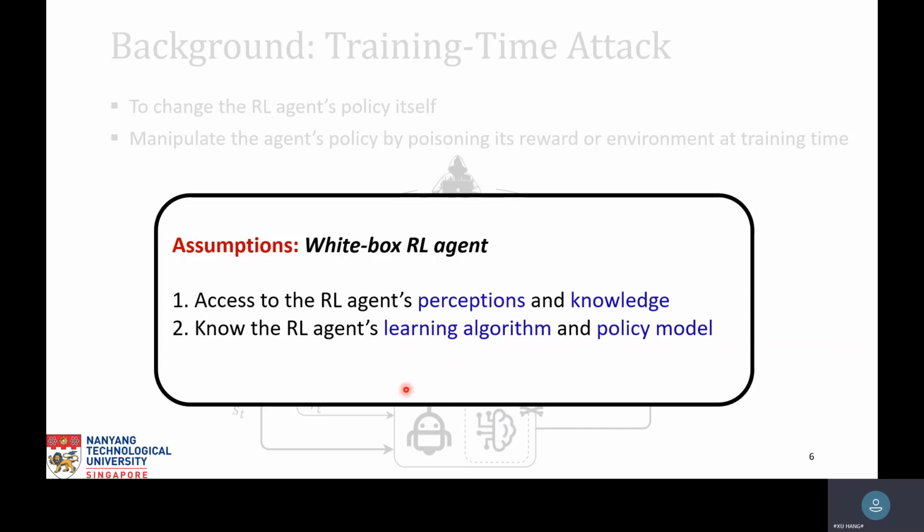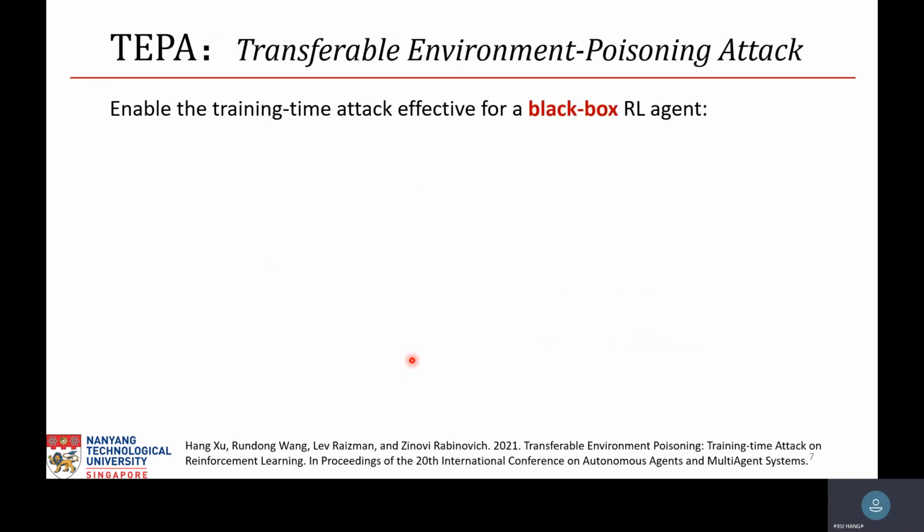But in real-world applications, this information is generally protected and cannot be accessed by the attacker. So to make the training time attack more practical in real-world applications, one work, the transferable environment poisoning attack, has been proposed, which is effective for both white box and black box RL agents.